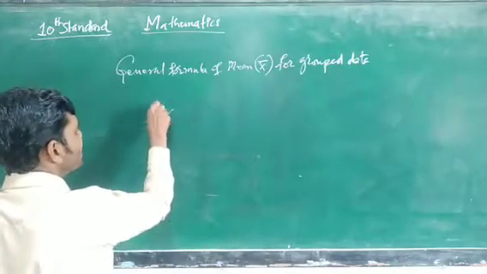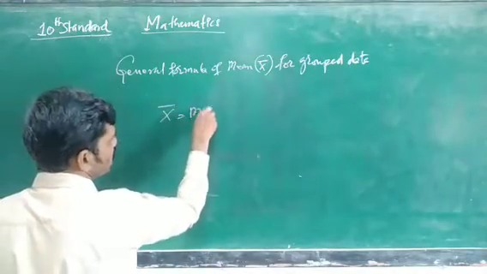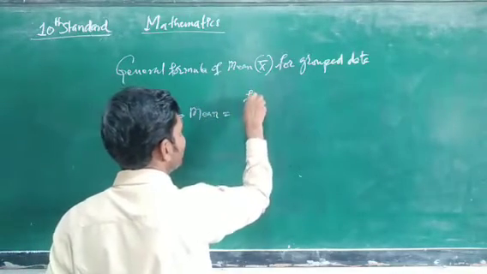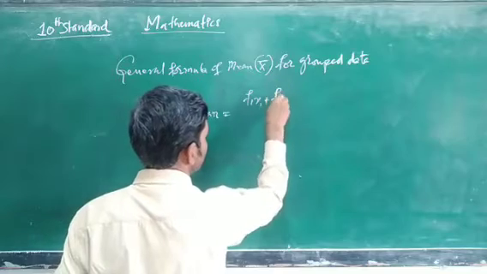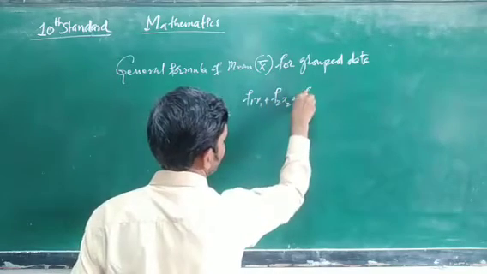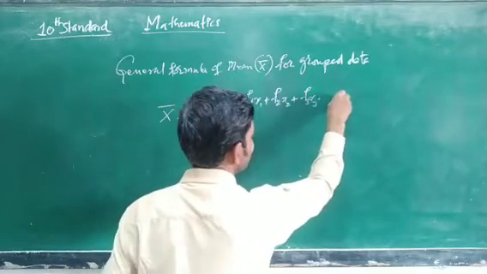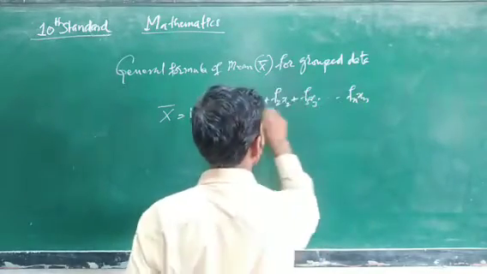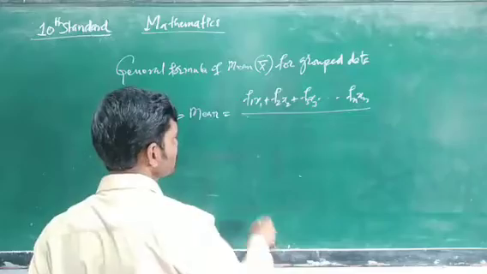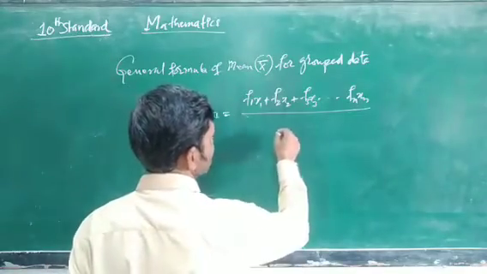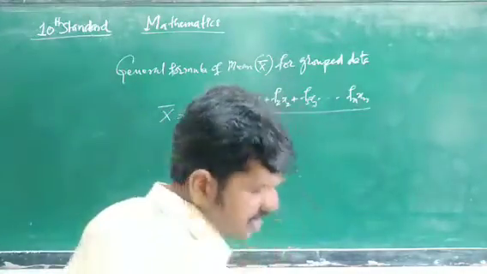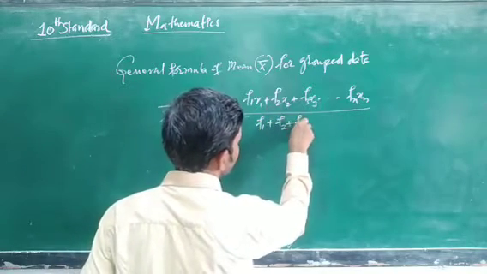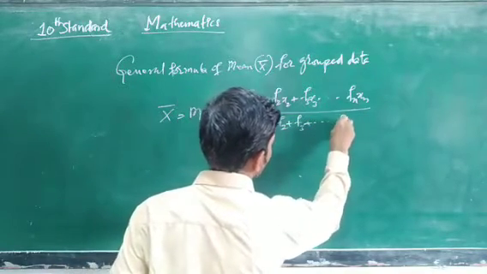So mean x bar is equal to f1x1 plus f2x2 plus f3x3 up to fnxn, divided by f1 plus f2 plus f3 up to fn.